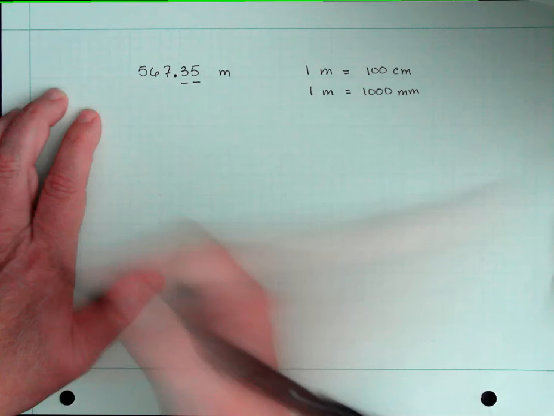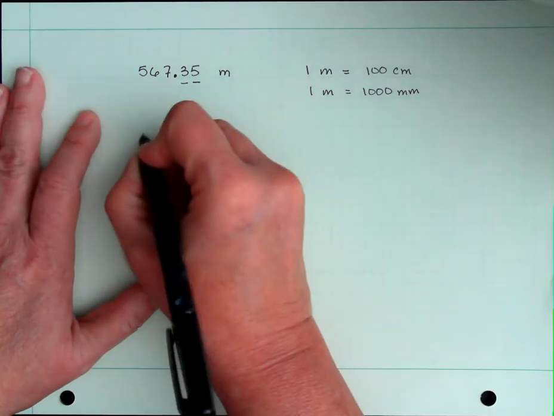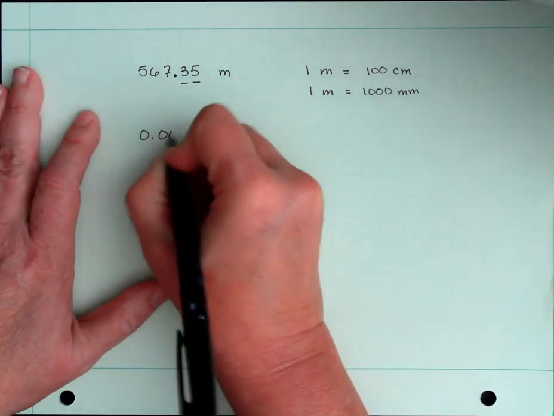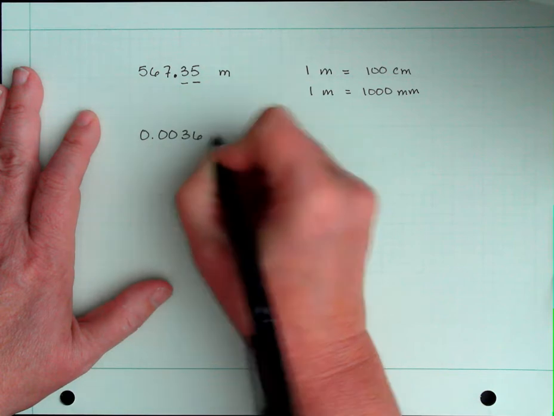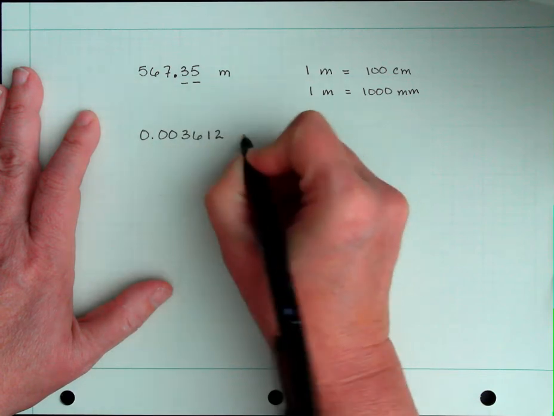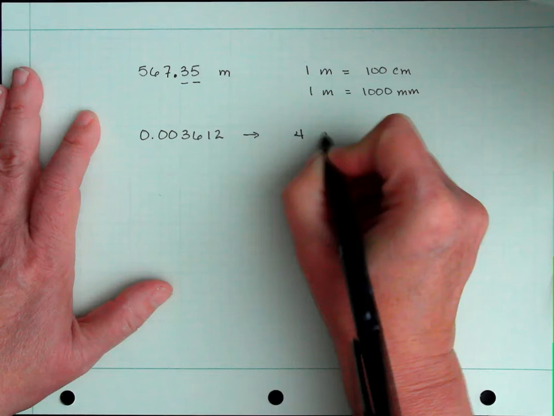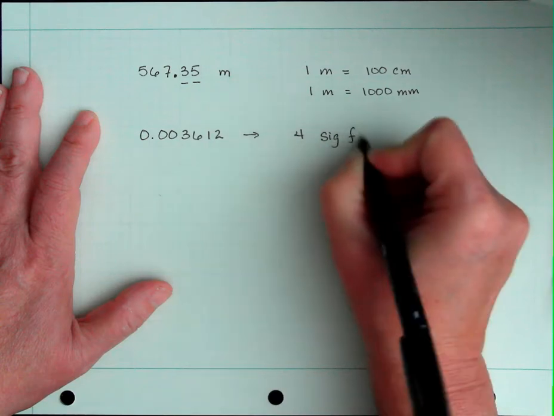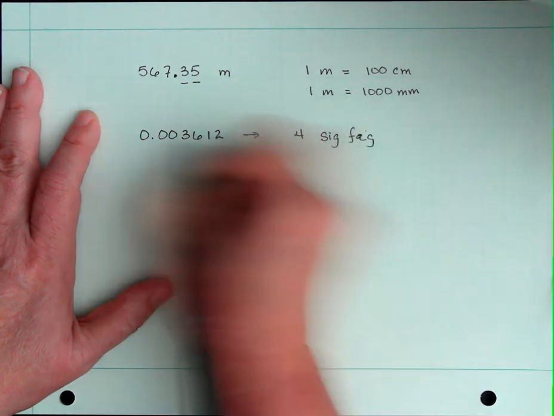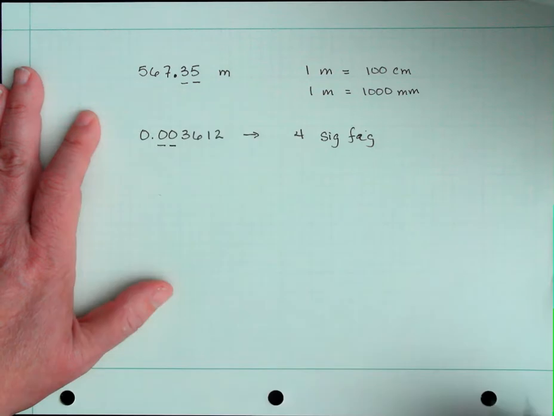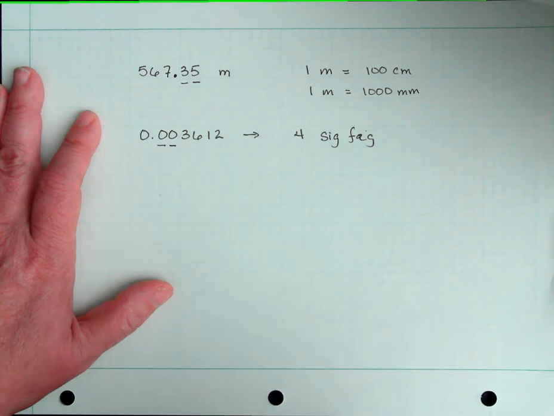So if I'm looking at any value, let's say 0.003612, this actually has 4 significant figures, because those zeros are placeholders. They only tell us where the place is.